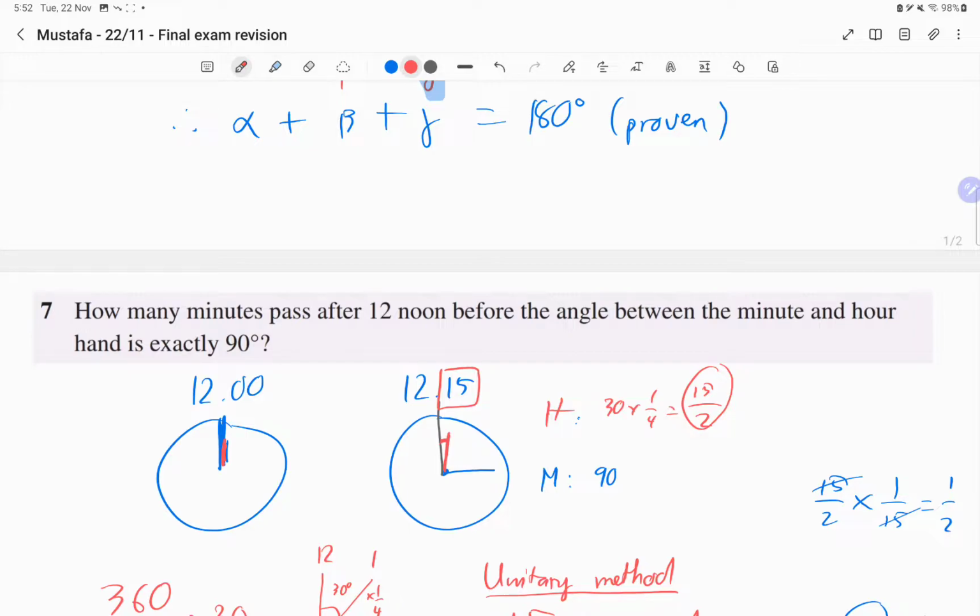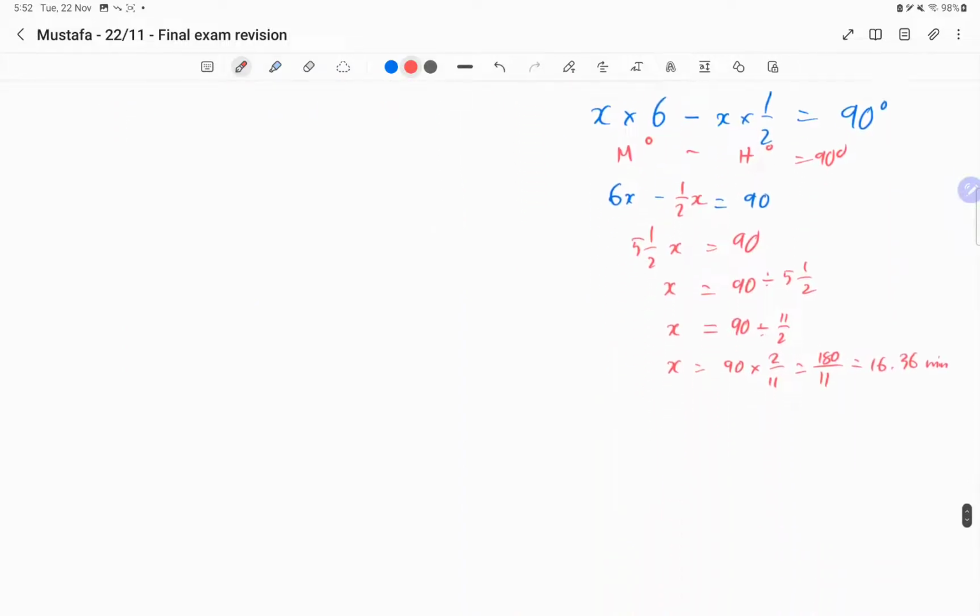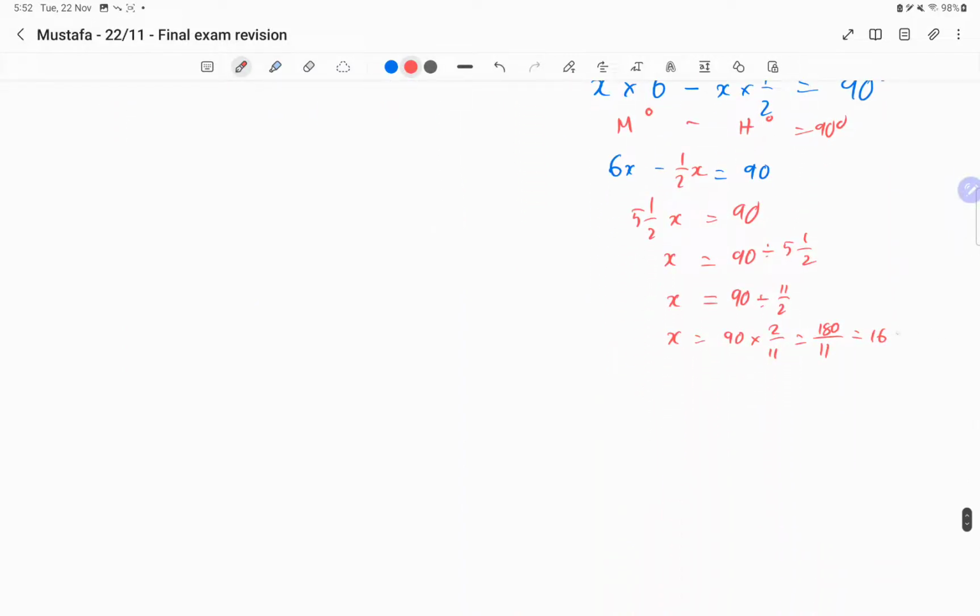Let's see. Oh, they give it as a mixed number. So they give this one as 16 and 4 over 11 minutes. Yeah, about 16 and 4 over 11 minutes.